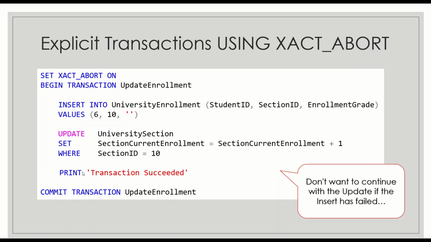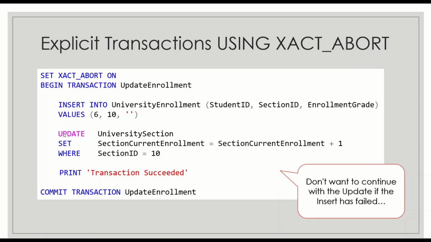And then here's something new. We have a print statement. Now, a print statement is just creating user output to the console. When we get to this point, the print statement says transaction succeeded. Because they're happening step by step, we will only get to the transaction succeeded part if the insert succeeds and the update succeeds.